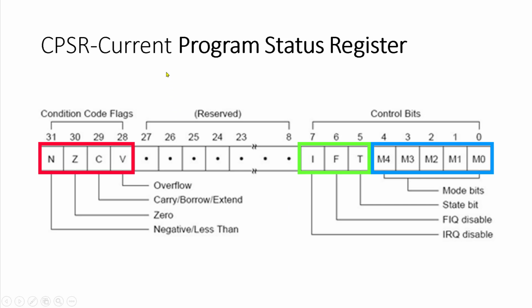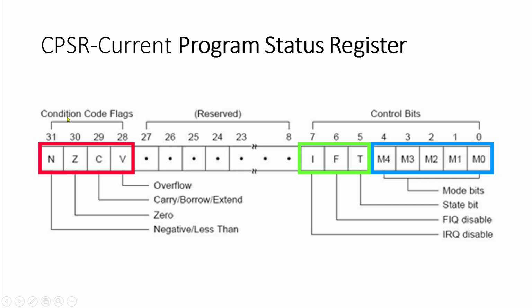This current program status register will be updated after every arithmetic logic operation. Out of these 32 bits, the 4 bits from bit number 28 to 31, that is 28, 29, 30 and 31, are called condition code flags.